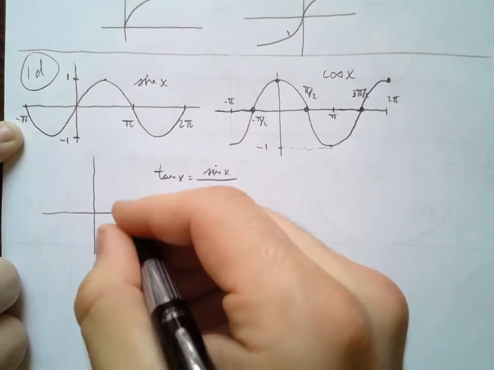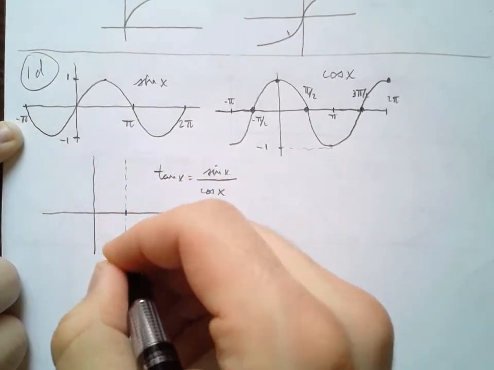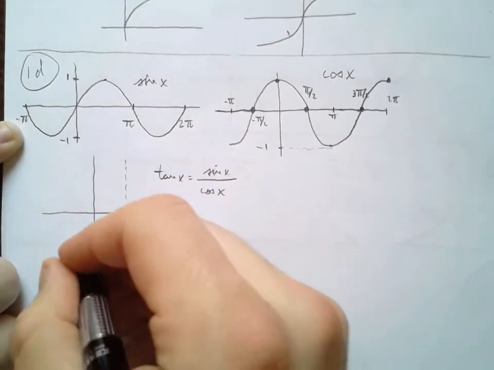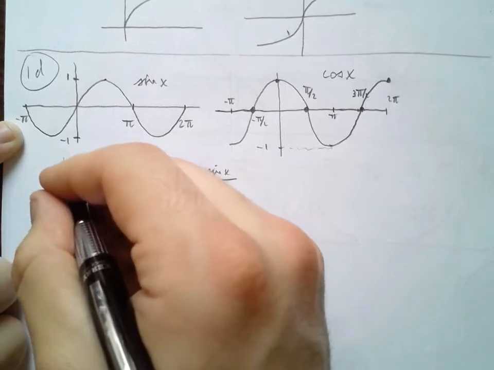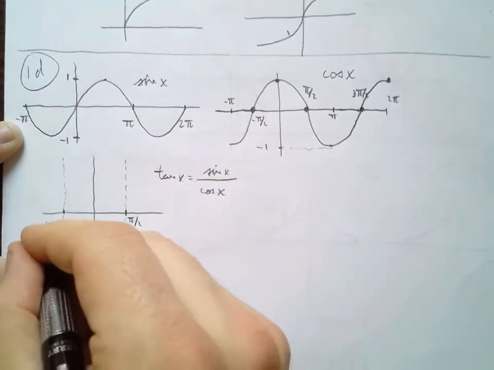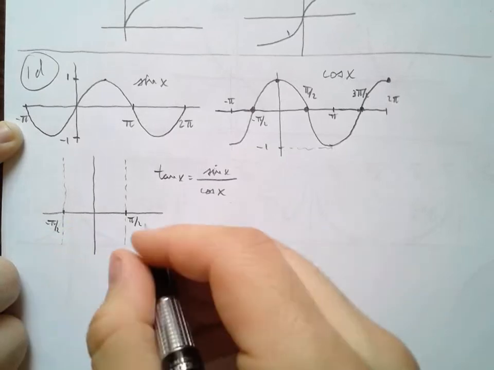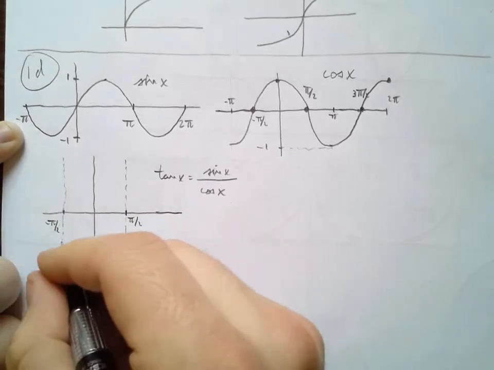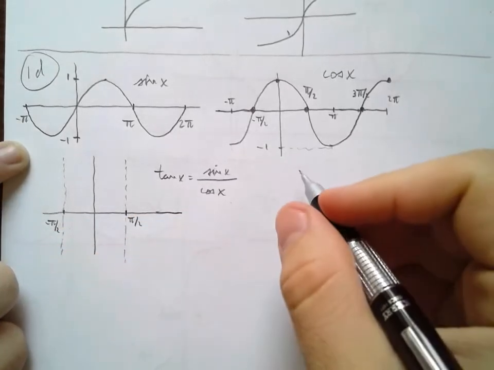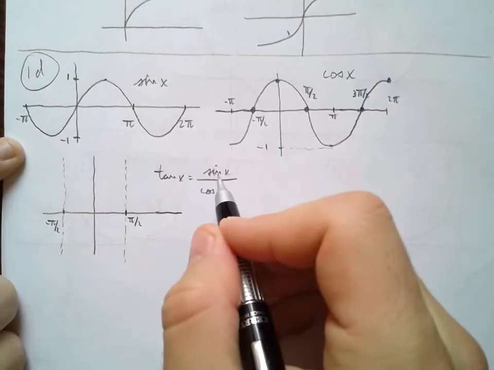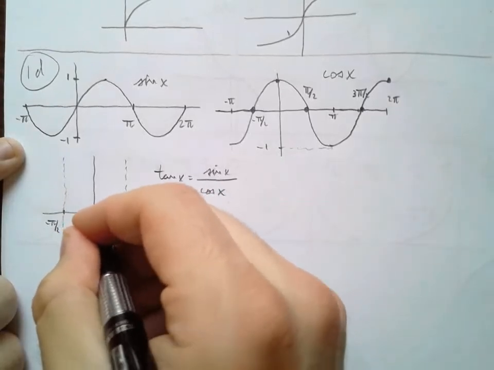So I'm going to have vertical asymptotes at pi over 2 and minus pi over 2. Okay. What is tangent of 0? Well, sine on top is going to be 0, so tangent of 0 is 0.